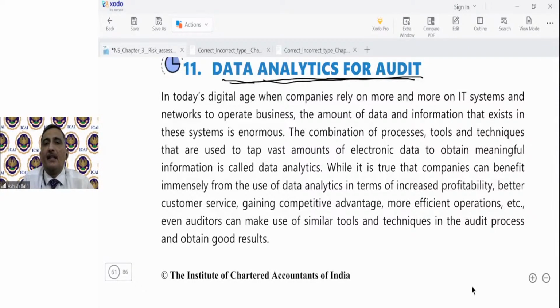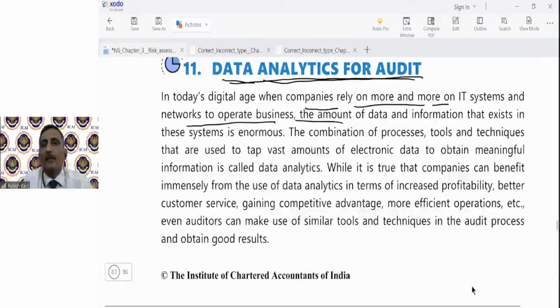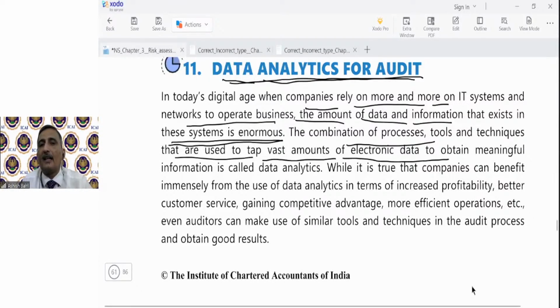So in today's digital age, when companies rely more and more on IT networks to operate business, the amount of data and information processed by these systems is enormous. So the combination of processes and tools that are used to tap vast amounts of electronic data to obtain information is called data analytics.